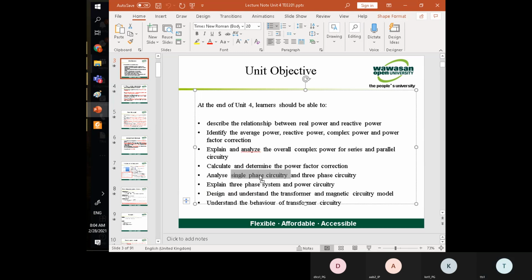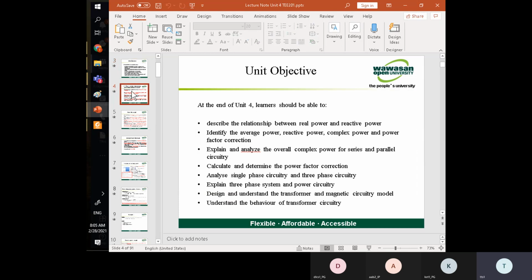This one, complex power, also. The transformer, all these are just theory. Probably we do not have time to cover until the last one. We're going to leave it to the following tutorial.